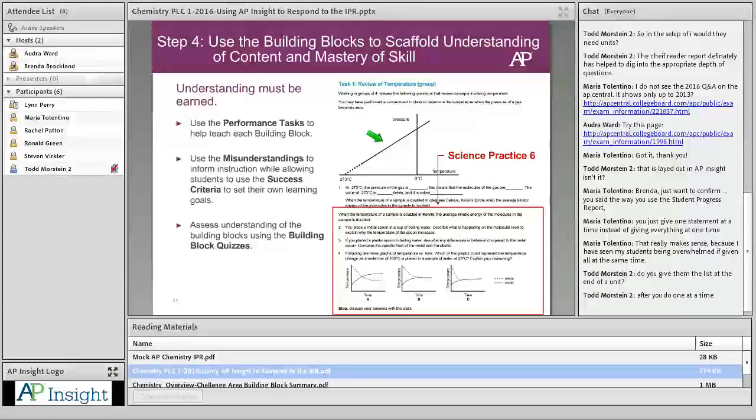So the more you can get your students to do this little bit here, which is just comprehending what's going to occur with equilibrium or temperature changes or any sort of graphing opportunity, that is a perfect way to help the students bridge that gap. And that's why I really like some of these building block performance tasks, because they really do hit those science practices.